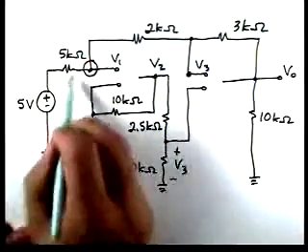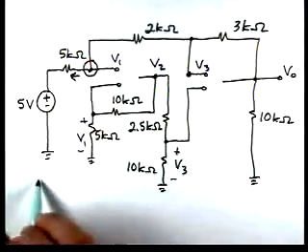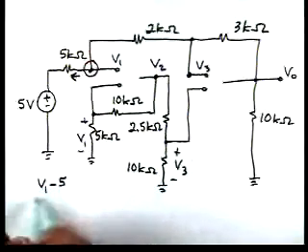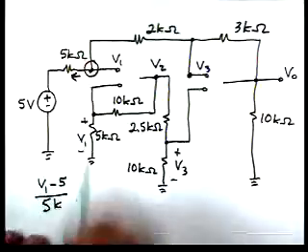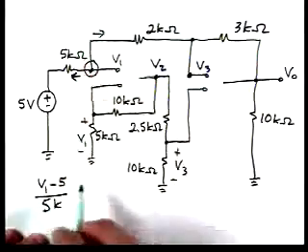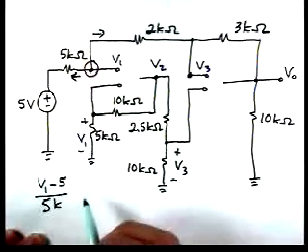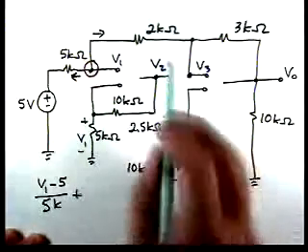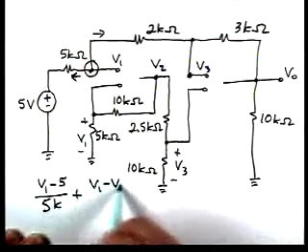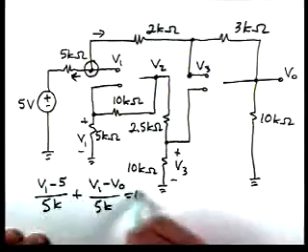And if we look at the current flowing in that direction, we have V1 minus 5 over 5K. The current flowing this way is V1 minus V0 over 5K equal to 0.